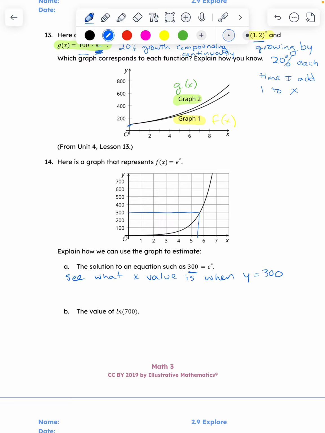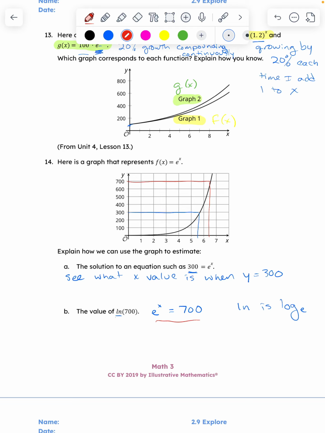And what if I wanted to find ln of 700? Well, I can first note that I can write this in exponential form. This just means when does e to the x equal 700? Because the natural logarithm is the log with a base of e. So then I can do kind of the same thing. I can see when is my y value 700, and then what is my x value at that point. I can also skip this step if I'm feeling super clever, and I want to recognize that the natural log is also the inverse of the function e to the x.